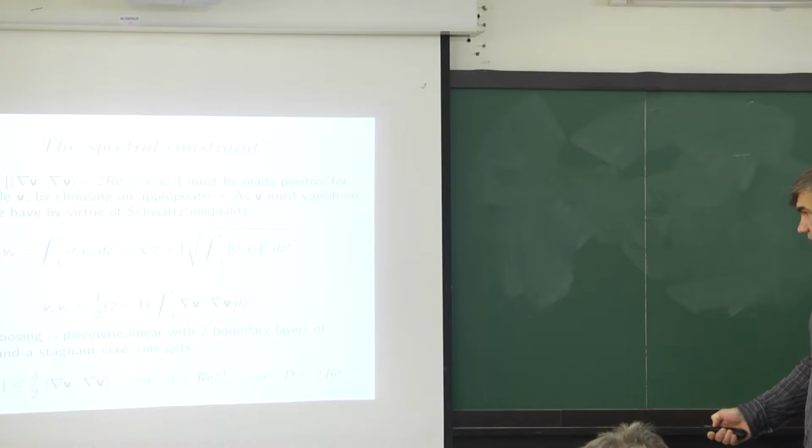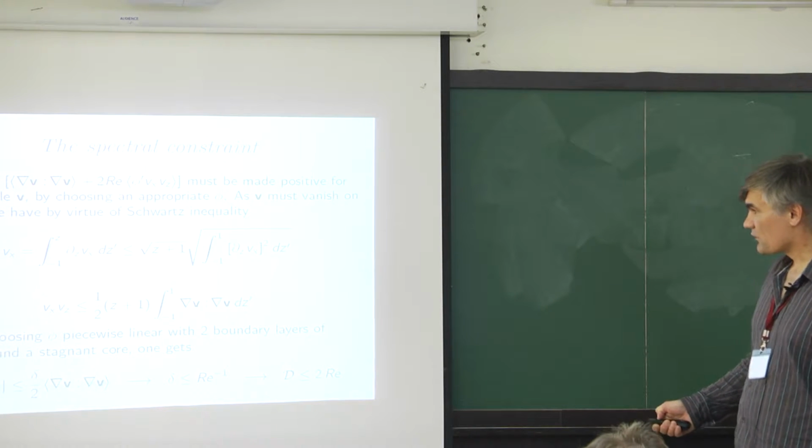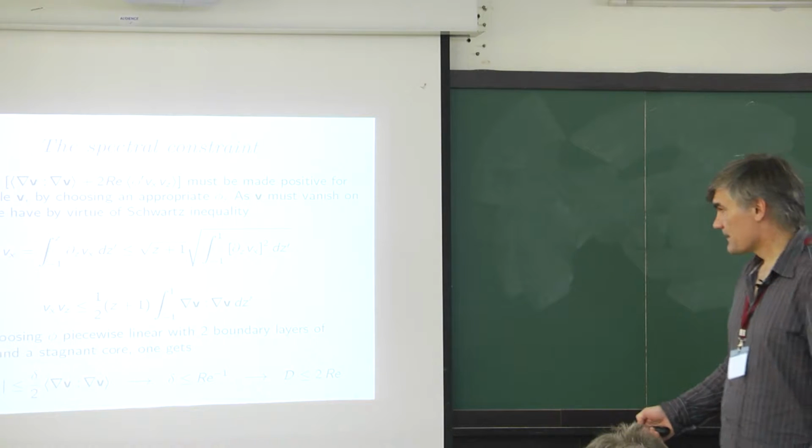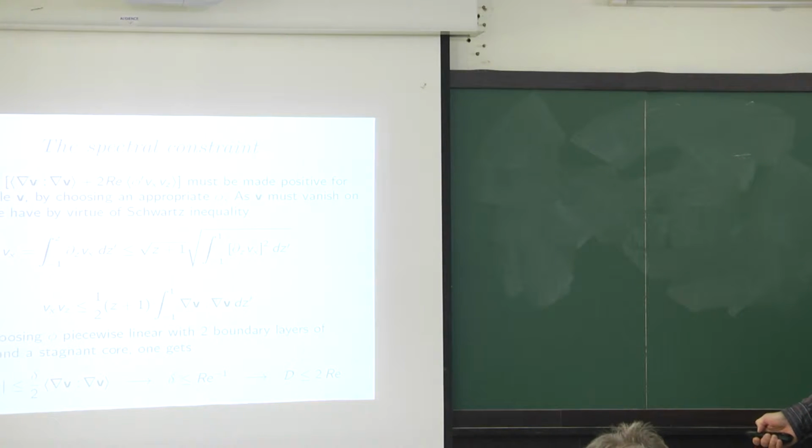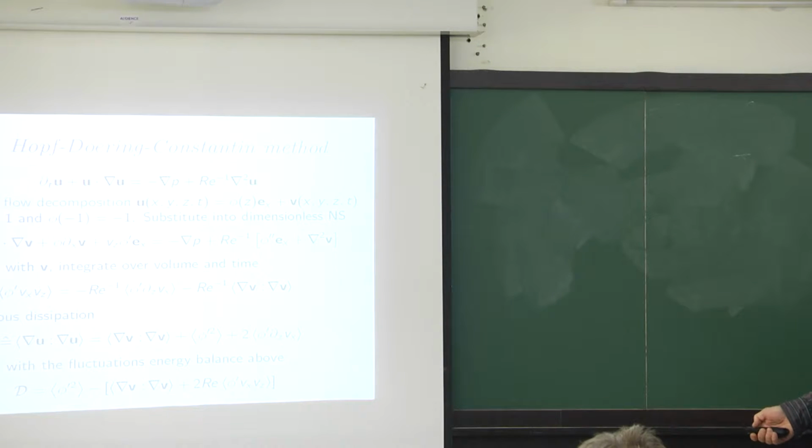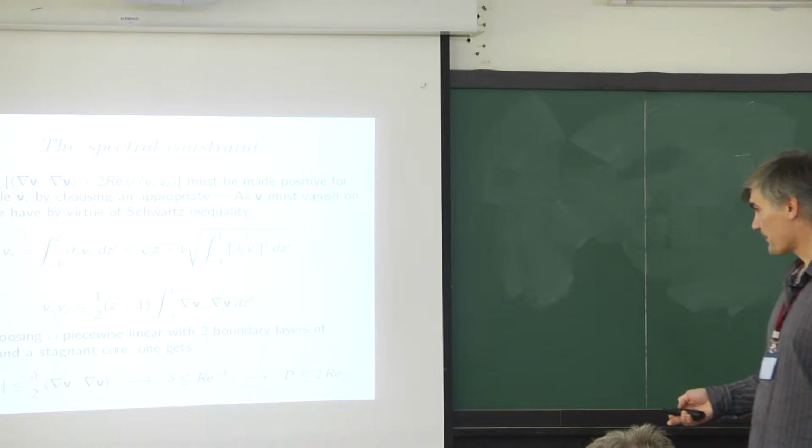So then, if we do that, then we find that this term that we want to bound will be less than delta over 2 times the quadratic term, okay? And if we take delta less than 1 over Reynolds, basically, then this bracket will always be positive. Always positive.